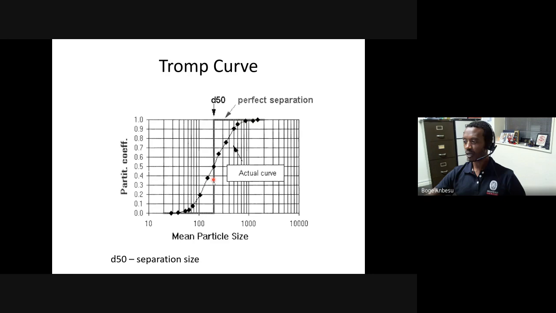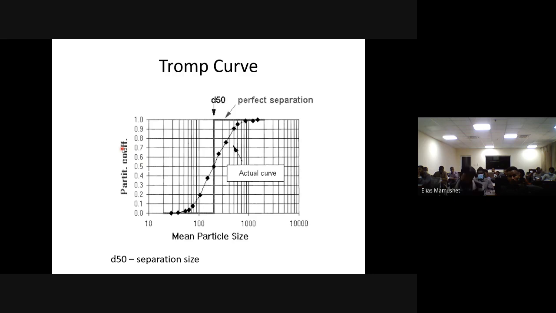And any particle that is smaller than 200 millimeter, all of them should go into the fine proportion. So the fraction in the coarse is 0 because all of them went to the fine proportion. So the coefficient here is only for proportions that went into the coarse fraction, or in this case, the oversize.